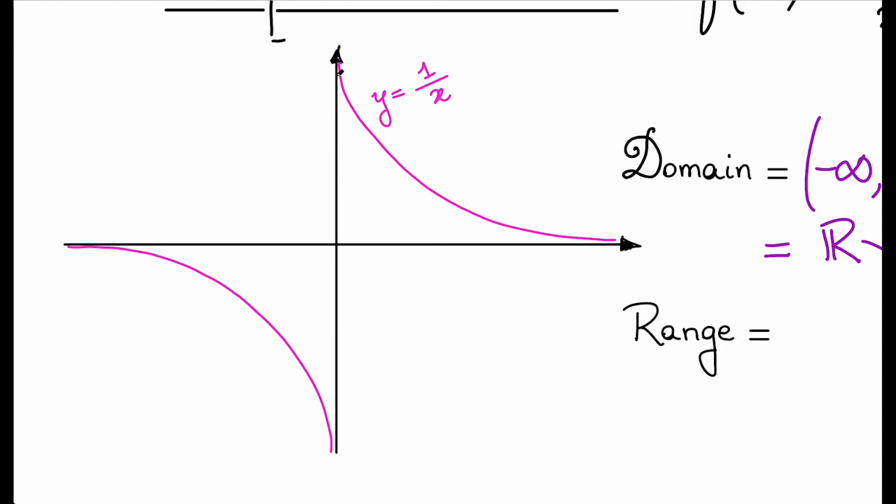This also happens in the end behavior of the function. If you give me an x that's large in magnitude, meaning large positive or large negative, the output is very, very close to 0.